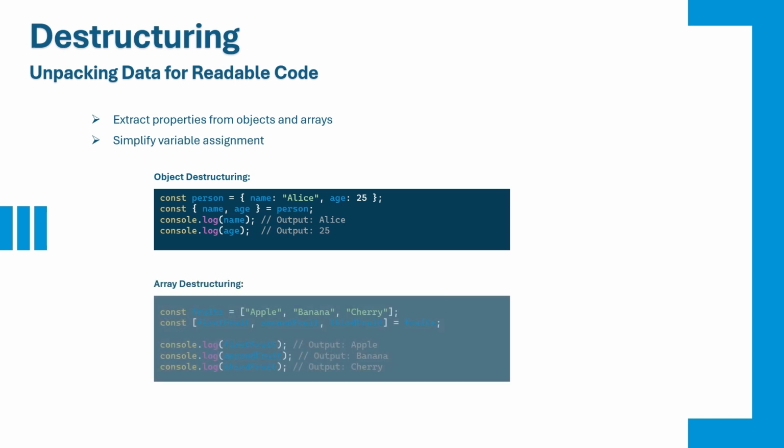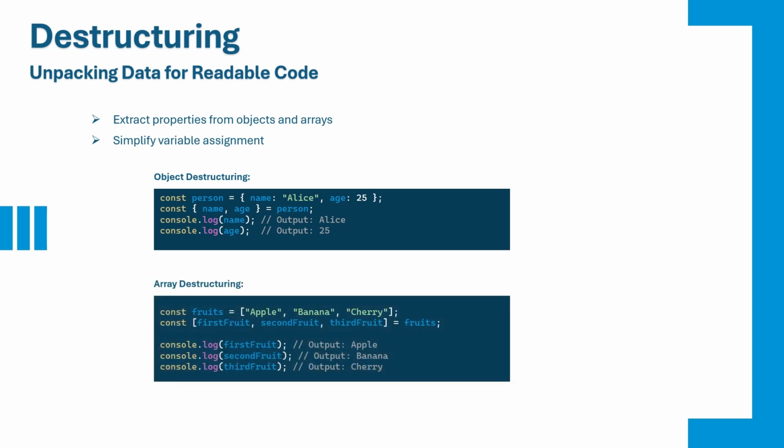Just like with objects, array destructuring allows us to unpack values into individual variables. Here we have an array called fruits with three elements: apple, banana, and cherry. By using array destructuring, we assign each fruit to a separate variable in a single line of code.